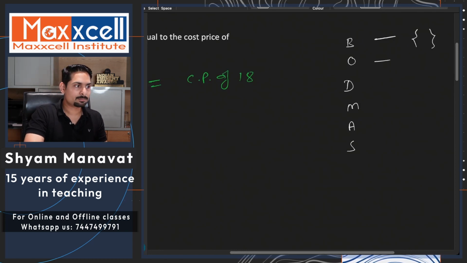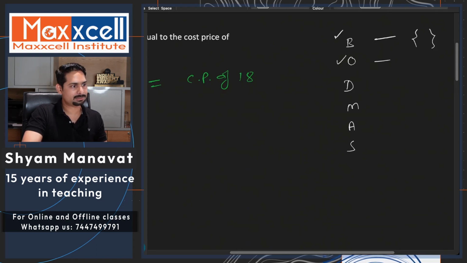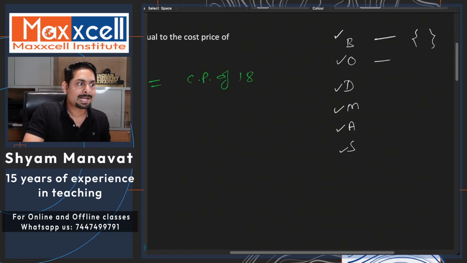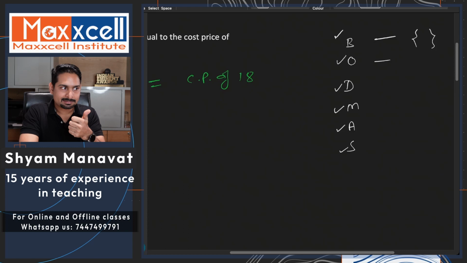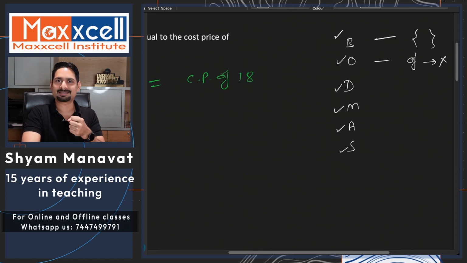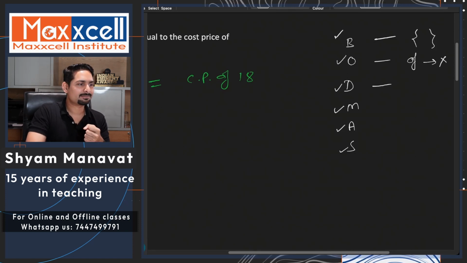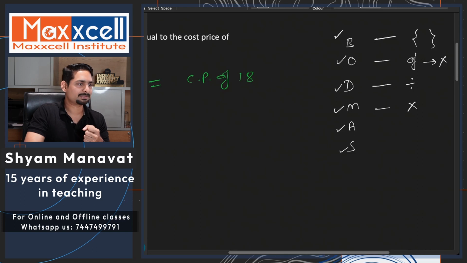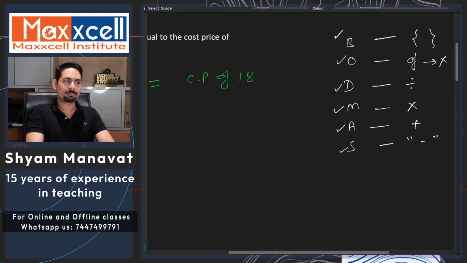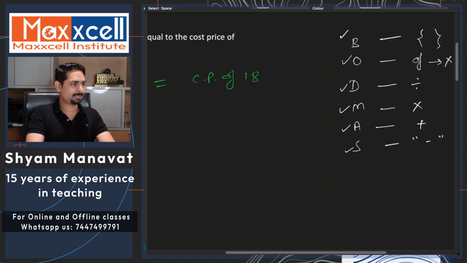The BODMAS rule says first you solve brackets, then O, which stands for of. Of simply means multiplication. D means division, M means multiplication, A means addition, and S means subtraction.